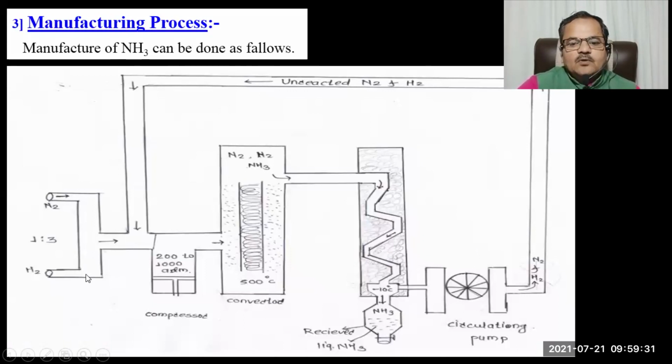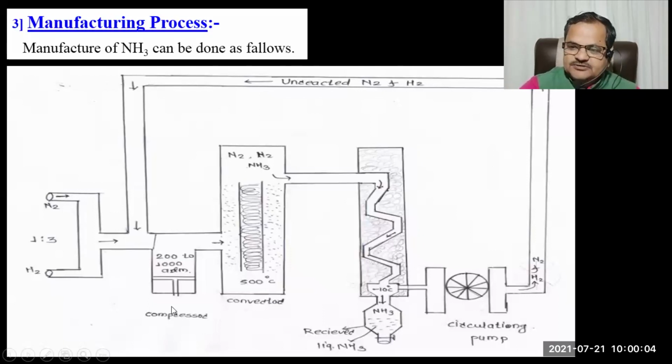So here, N2 and H2 are taken in 1:3 proportion. Means nitrogen is taken 1 proportion and hydrogen is taken 3 proportion, isn't it? So in 1:3 proportion, the nitrogen and hydrogen reactants are taken and they are passed into the compressor.